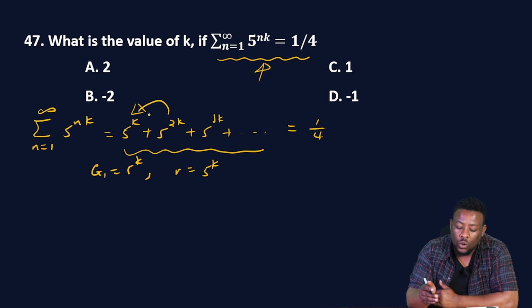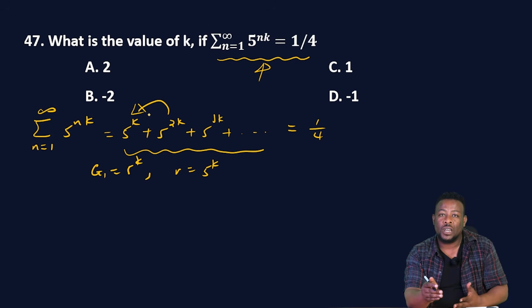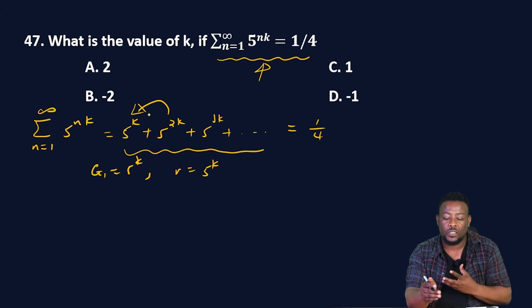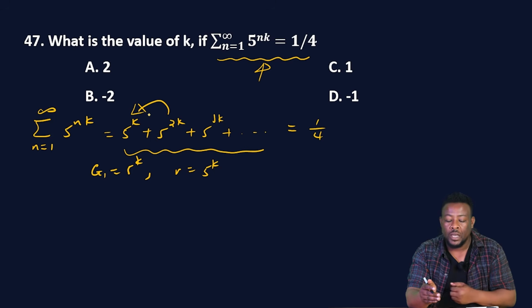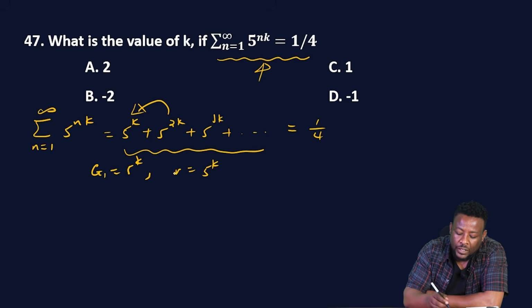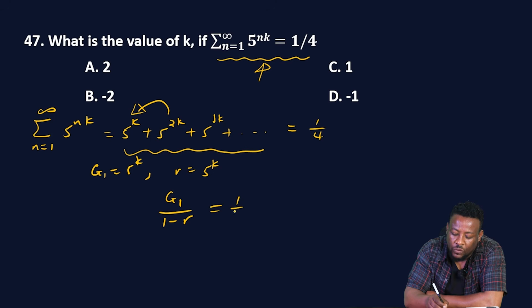So ምን apply ማድረግ እንችላለን፣ the concept of infinite geometric series. Right, so the sum of this infinite geometric series is given by g1 over 1 minus r. Okay this must be 1/4 እያልን ነው። So g1 is already 5 the power of k and common ratio 5 the power of k.